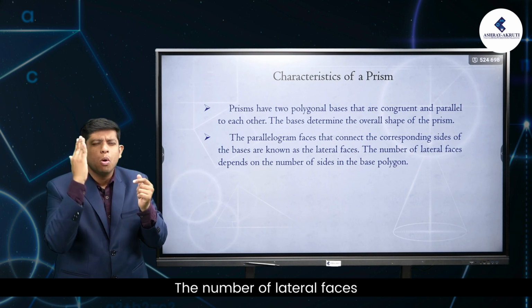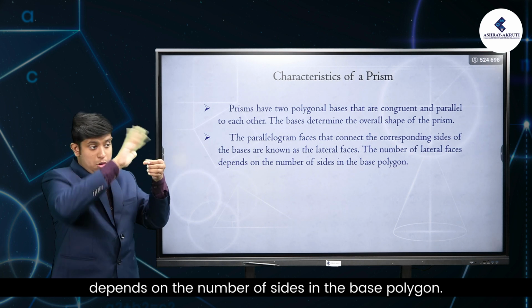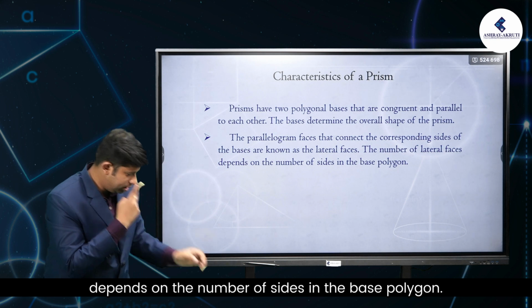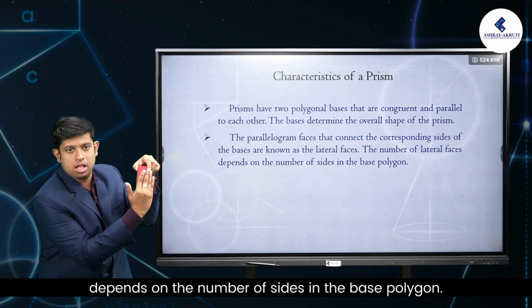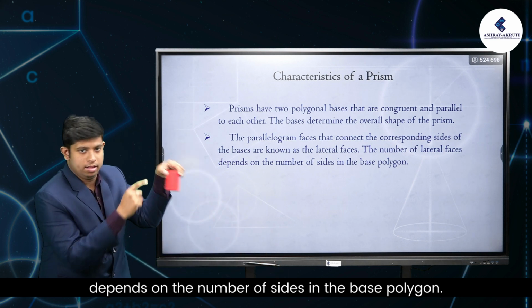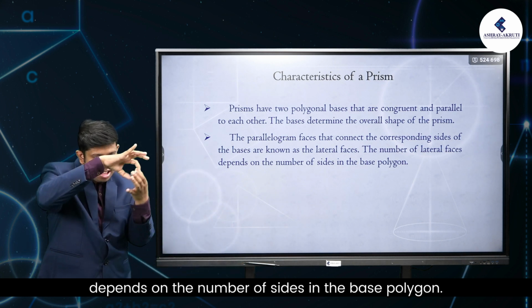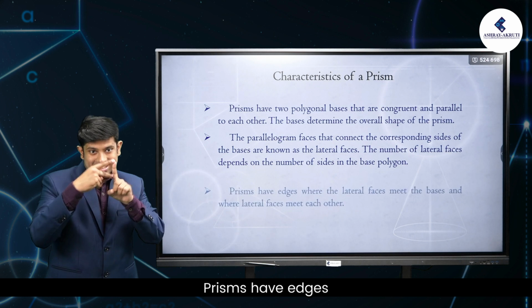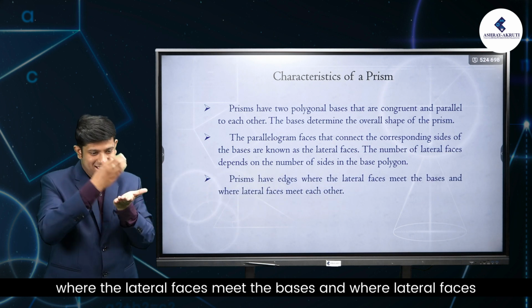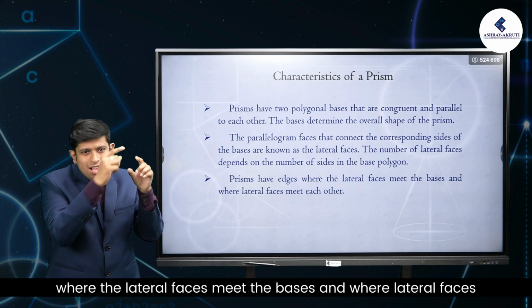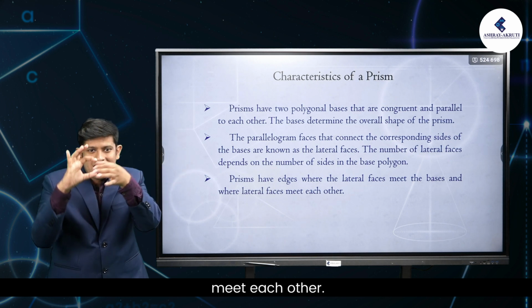The number of lateral faces depends on the number of sides in the base polygon. Prisms have edges where the lateral faces meet the bases and where lateral faces meet each other.